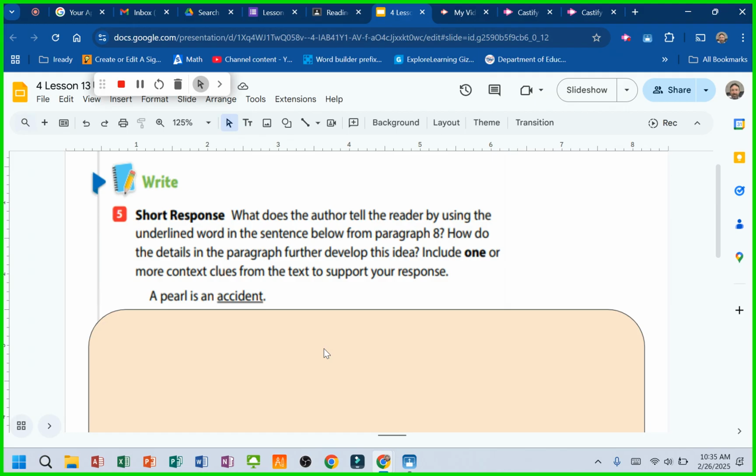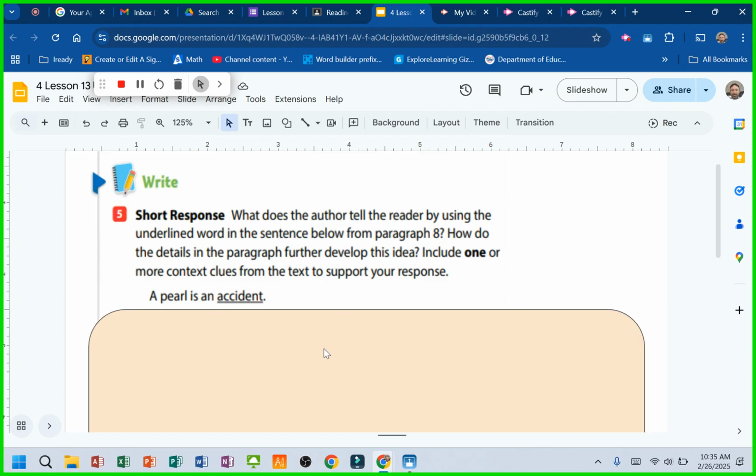Like the pearl didn't pee its pants or knock over a bottle of pop on the kitchen counter. It's not that kind of accident. It's a fancy and creative way to use the word accident, but it's more used to say that the mollusk isn't building pearls on purpose. It's happening because of something else.